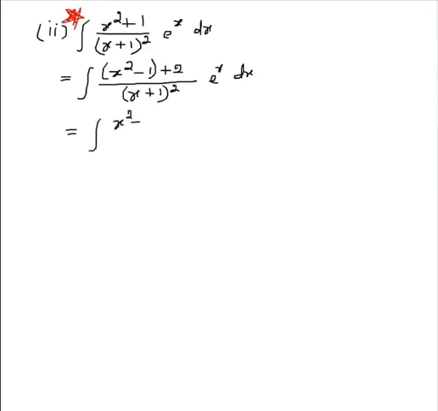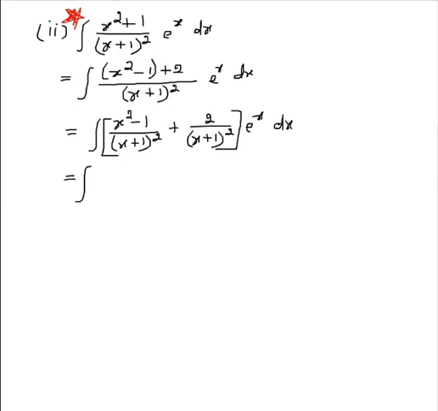Let us separate the terms. X square minus 1 divided by x plus 1 the whole square, and the second term is 2 divided by x plus 1 the whole square, and e power x dx. Let us simplify the first term. We can factorize the numerator as x minus 1 times x plus 1, and the denominator is x plus 1 whole raised to 2.